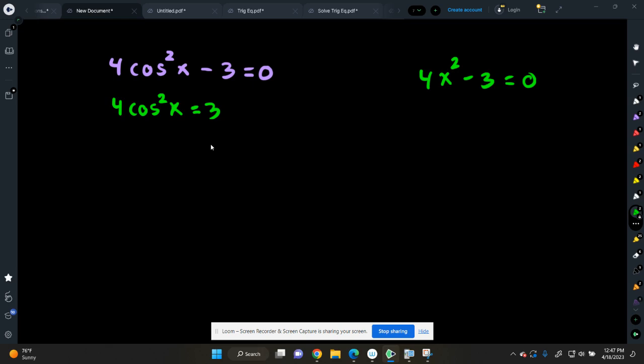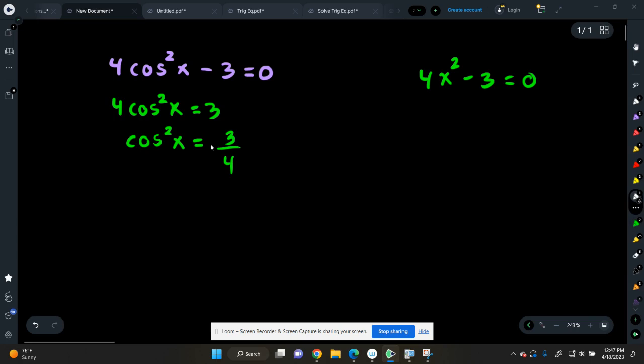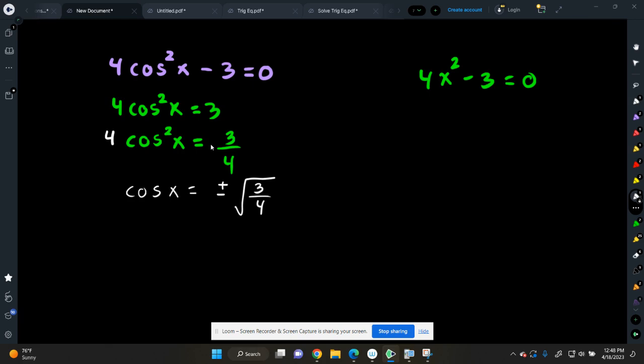Now, do you take the square root? No. Divide by 4. Would it be the same if you took the square root first? It makes it more complicated, because when we take the square root, we're going to get cosine x equals plus or minus the square root of 3 over 4. If we left the 4 over here when we took the square root, we might miss that plus or minus part.